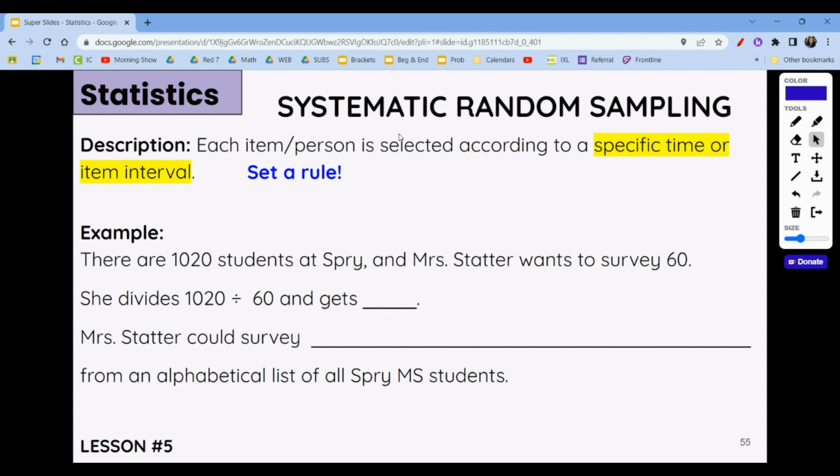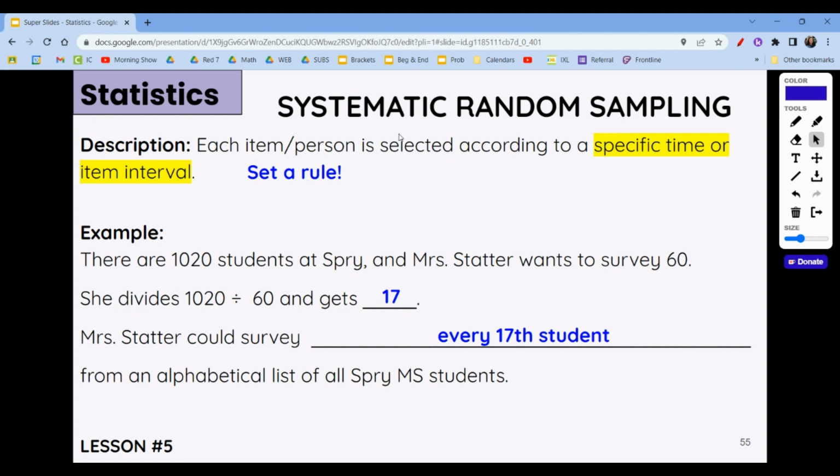Let's say there are 1,020 students at Spry, and Mrs. Statter wants to survey 60. She divides 1,020 divided by 60, and she gets 17. So Mrs. Statter could survey every 17th student from an alphabetical list of all Spry Middle School students.